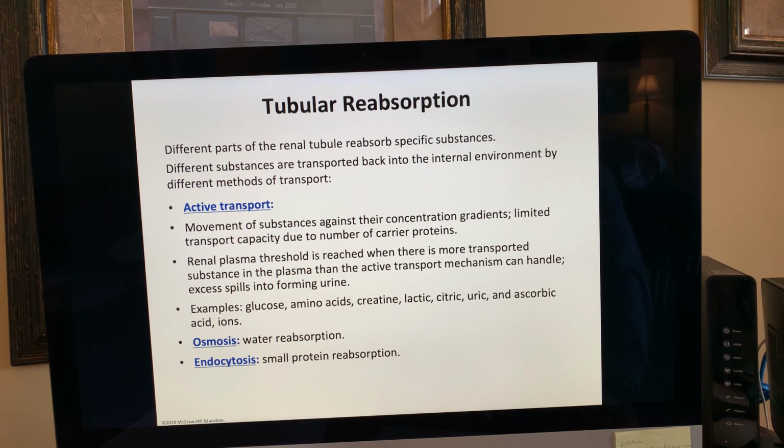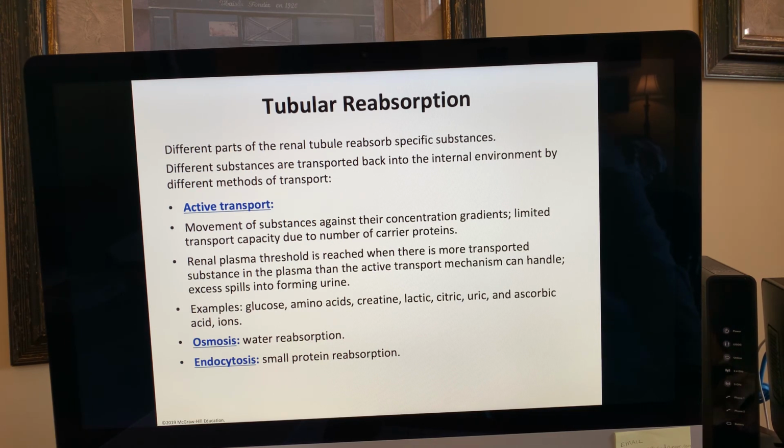Tubular reabsorption can occur in many different ways. Active transport is one of the ways in which tubular reabsorption occurs. Many of these occur through the pumping of sodium from the tubular fluid out into the peritubular capillaries. And when sodium is pumped, water tends to follow.